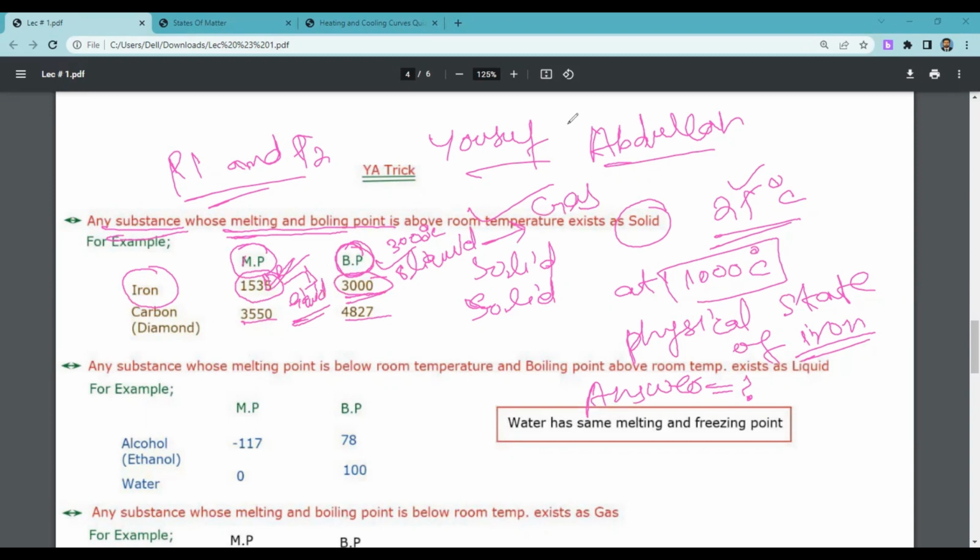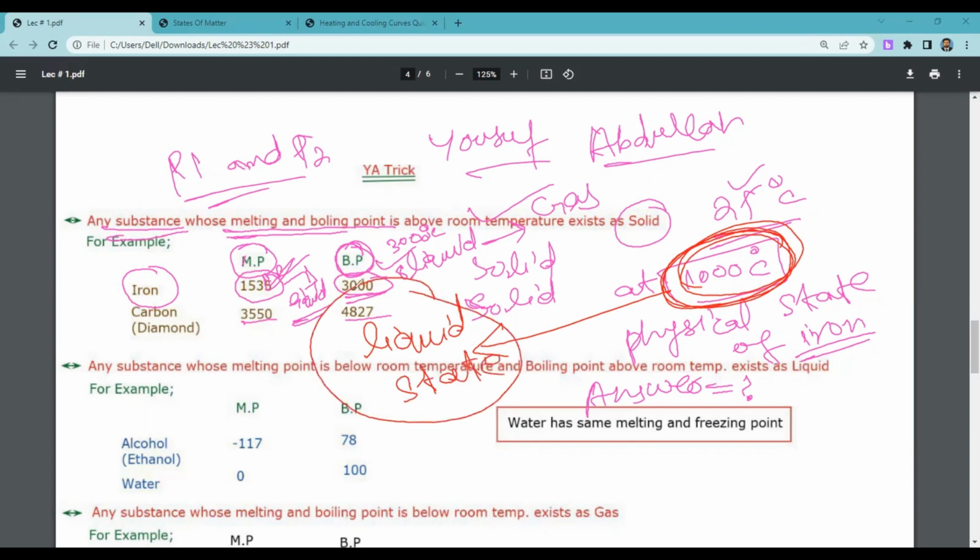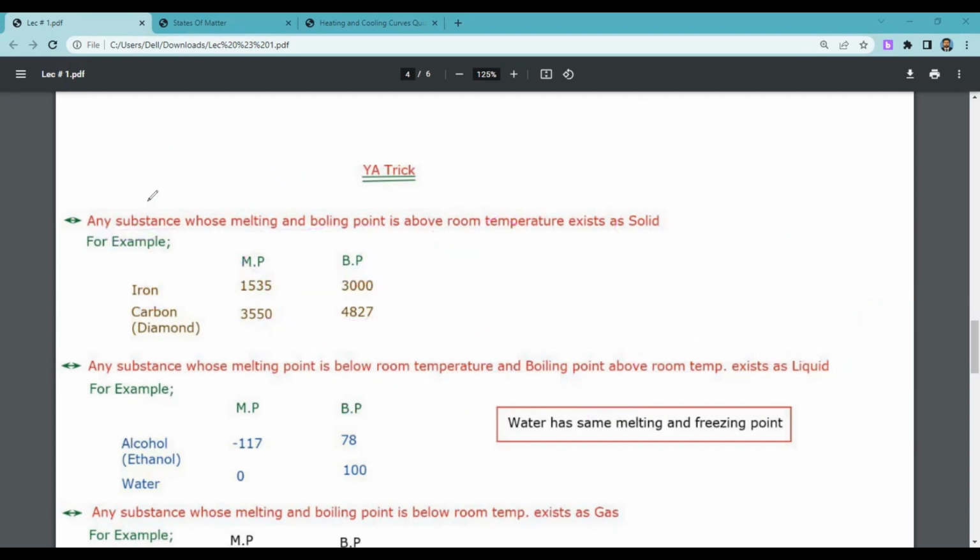So at 1000 degrees centigrade, the iron will exist in liquid state. I hope I was able to clear your concepts. Now, this is for solids.